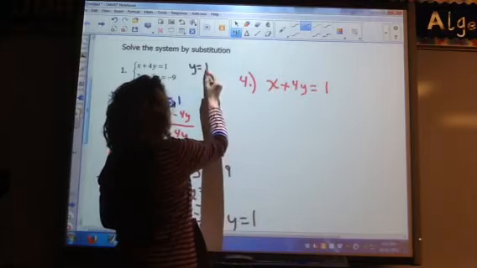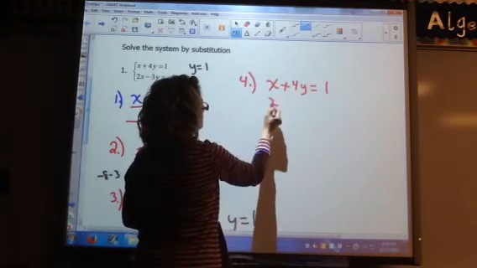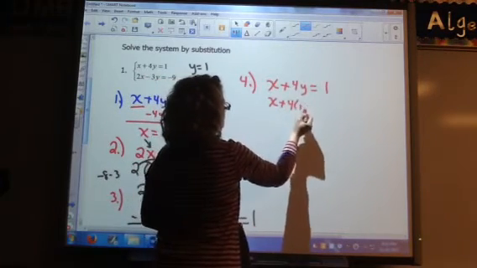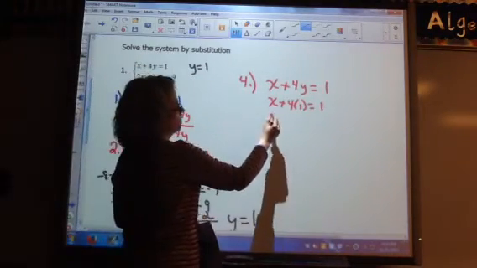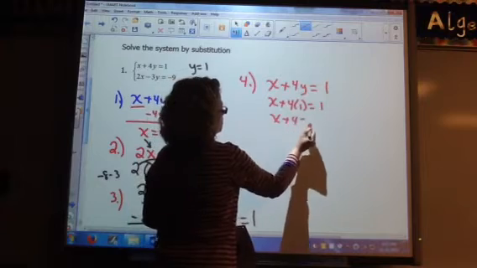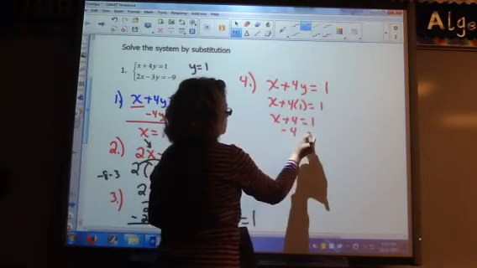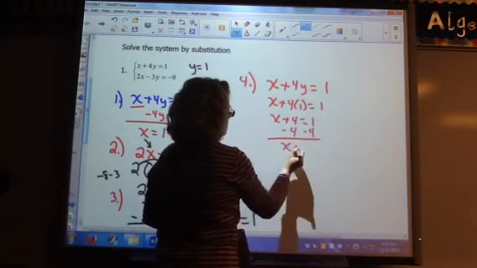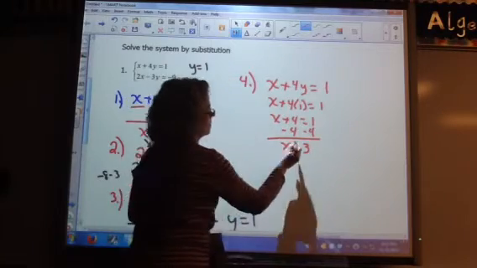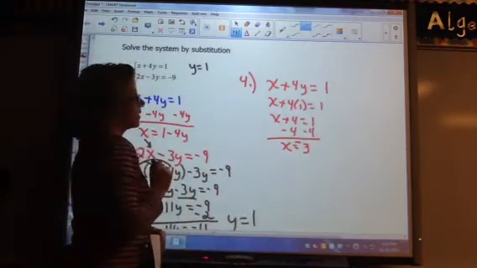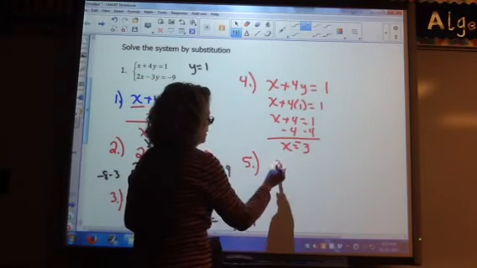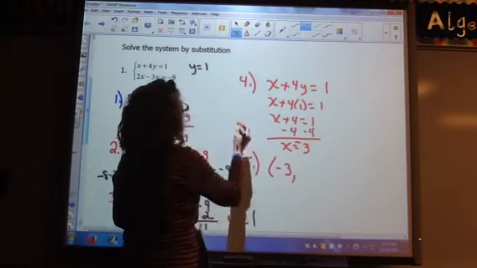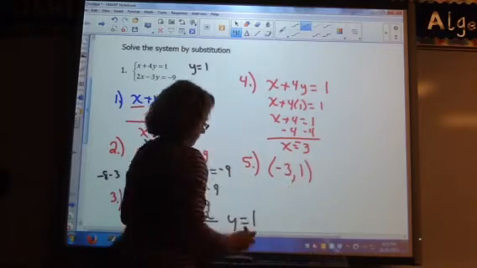And I'm going to substitute 1 in for y. And when I do that, I'm going to get my x value. So x is negative 3. So my solution to this system is x is negative 3, y is 1.